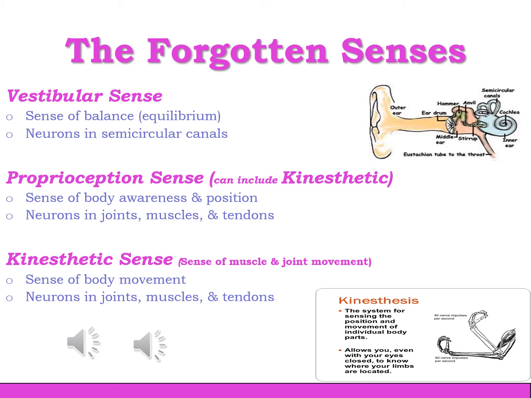So let's consider, first of all, the vestibular sense. Maybe you've heard the word vestibule of a house. Anyway, vestibular sense. This is our sense of balance, or if you want to be fancy, our sense of equilibrium. You might remember when we looked at the ear, we didn't do the semicircular canals. We skipped this on purpose because the semicircular canals have nothing to do with audition, but have everything to do with the vestibular sense.